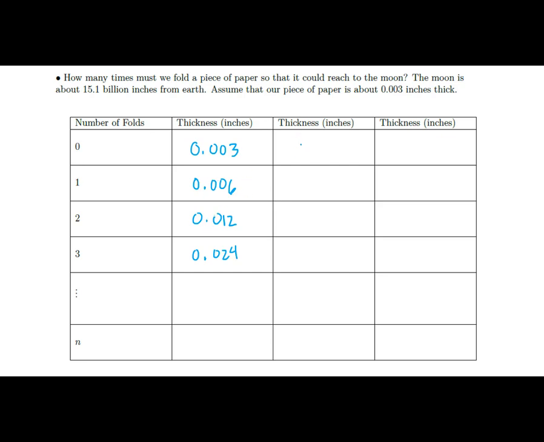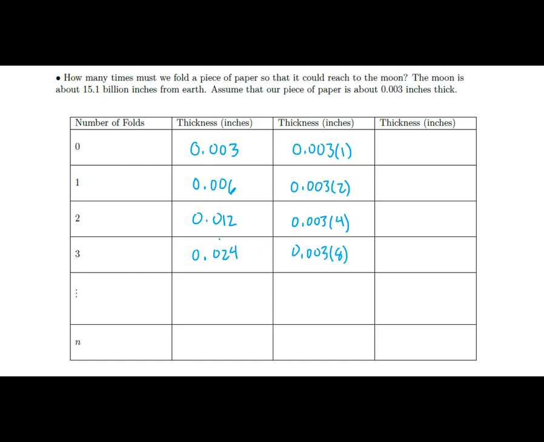Now, I put another column here so we can express some of these ideas a little differently. So one way to think of this is that here I took my original 0.003 and I times it by 1. Here I took the original 0.003 and I times it by 2, and then by 4, and then by 8.